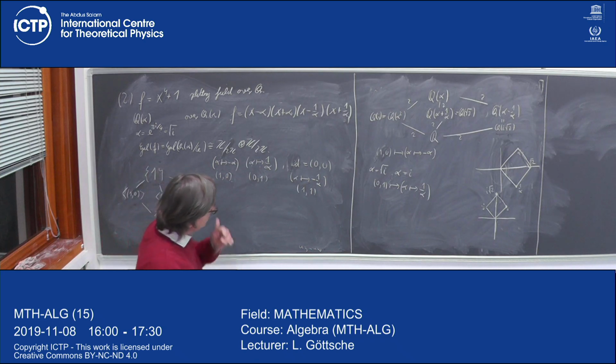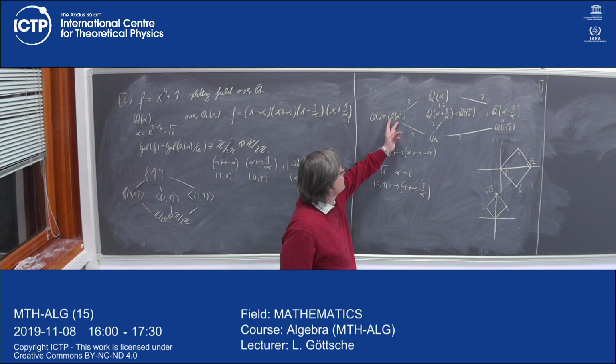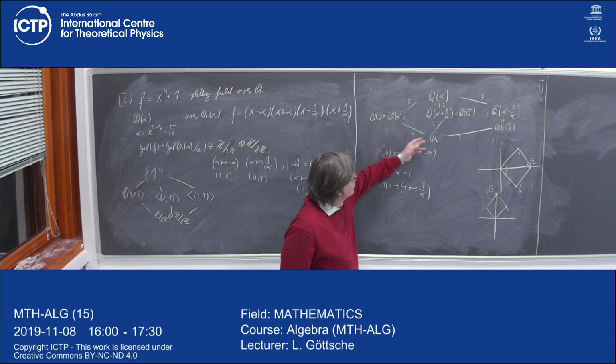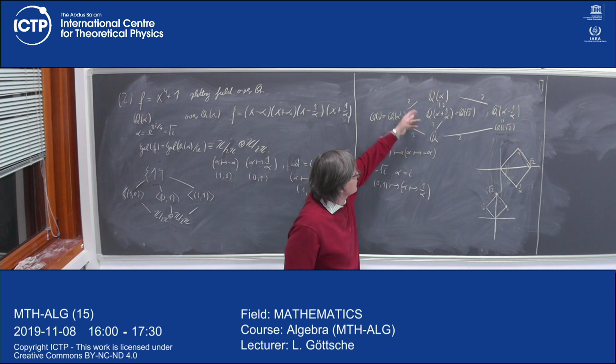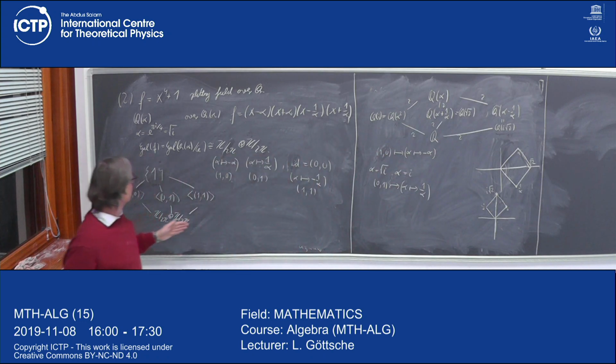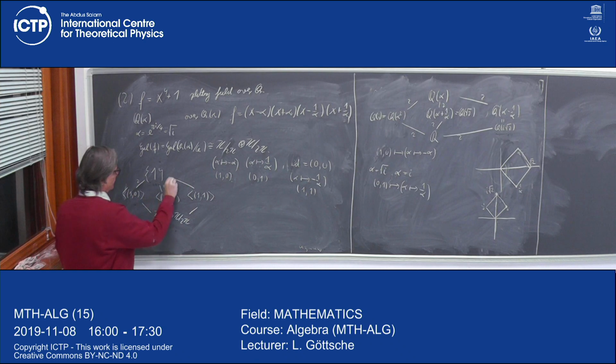The way I did it here is that I find some intermediate field which is fixed by the corresponding group, and then by just looking at what the degrees are, one sees that it is already the whole thing. Because the fact that you have a field which is fixed by the group doesn't mean it's the fixed field. It could be that the fixed field is larger. But if the degrees are the same as the corresponding indices here, then it is fine.